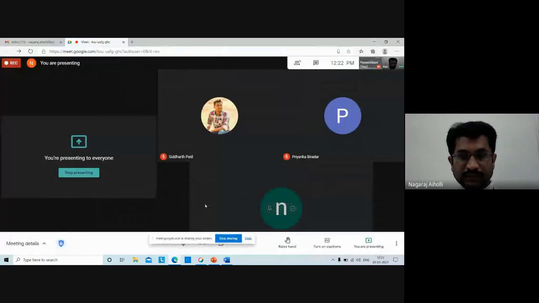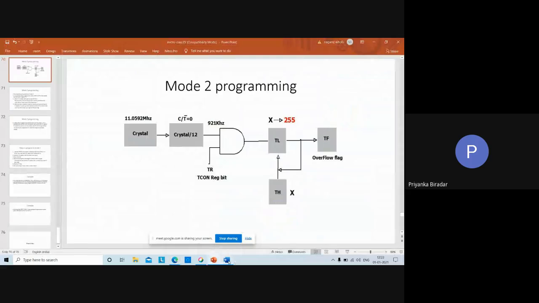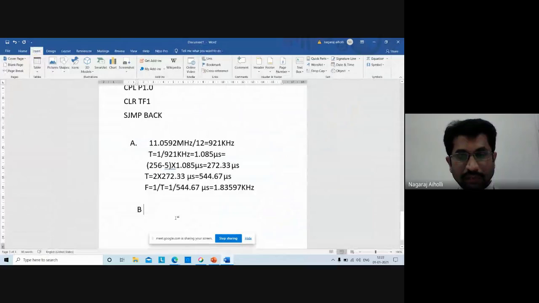What should be the count in TH if you want the maximum delay? If the count is maximum, then the delay will be maximum. So the starting value should be 0, that is 00. It counts from 00 till FF, 0 to 255, so the count will be maximum.